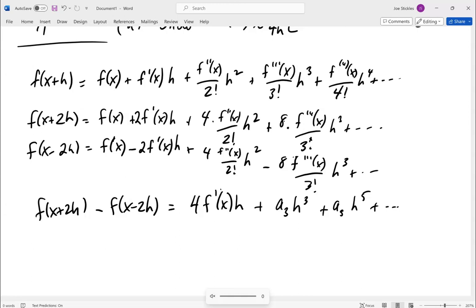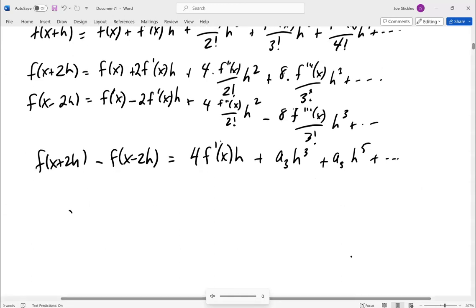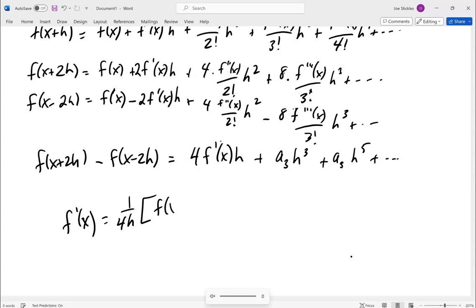If we solve this now for f prime of x, I would divide everything by 4h, right? I would subtract all those h to the powers over to the left-hand side, move it all over, and divide by 4h. So we'd have 1 over 4h times f of x plus 2h minus f of x minus 2h.